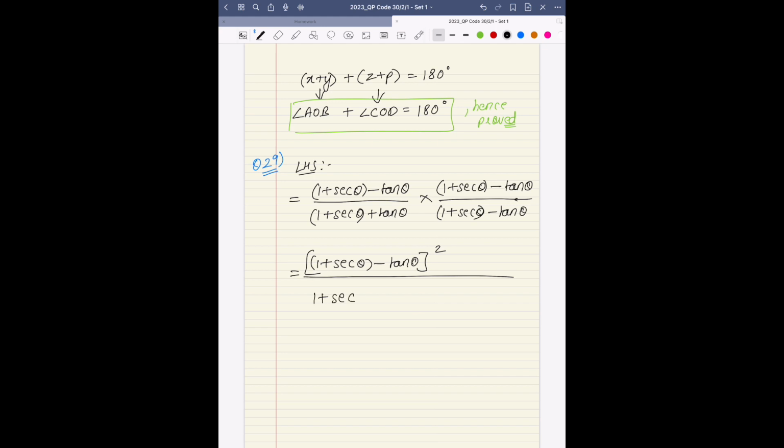B is tan theta, so we write it as tan square theta. So this becomes A square minus B square.